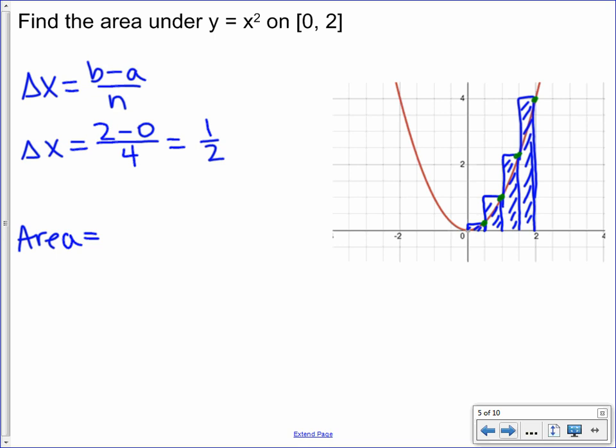So let's talk about the area. The area of that first rectangle, 1/2 times 1/4. And how did you get 1/4? Because that's the function value, 1/2 squared. Plus 1/2 times the height of the second rectangle, plus 1/2 is our width times the height of our third rectangle.